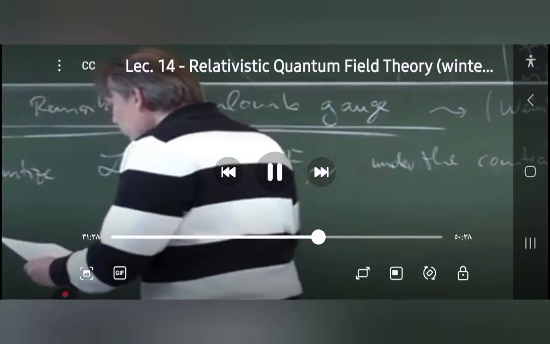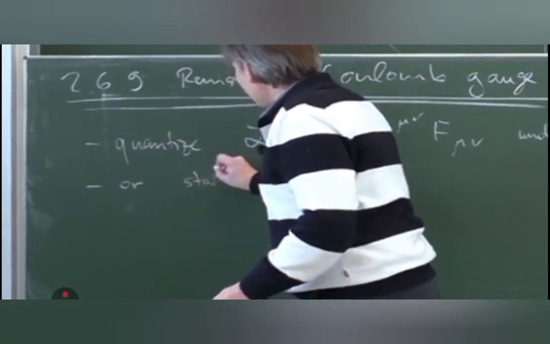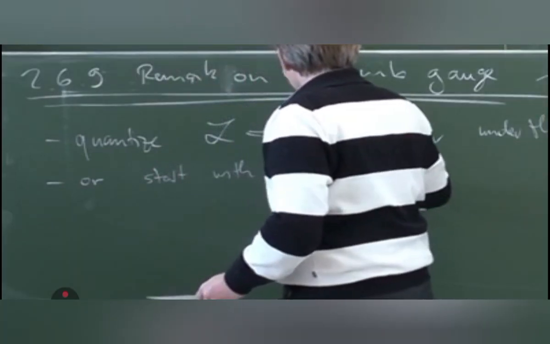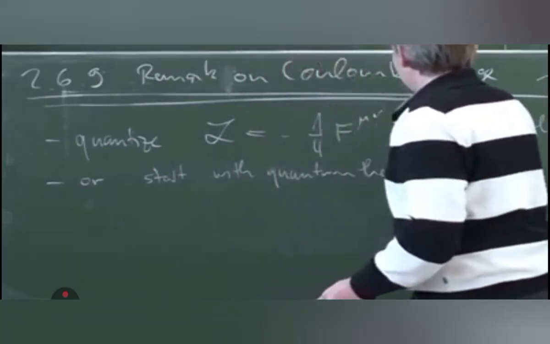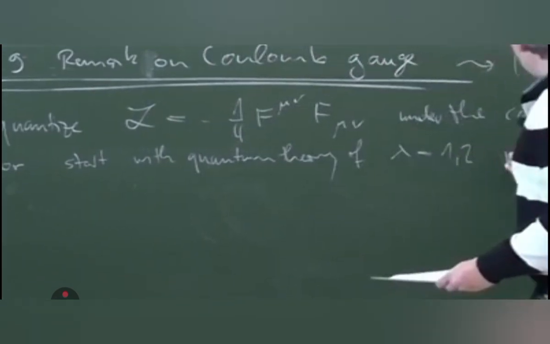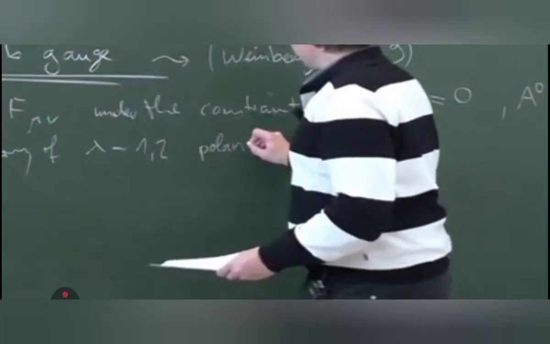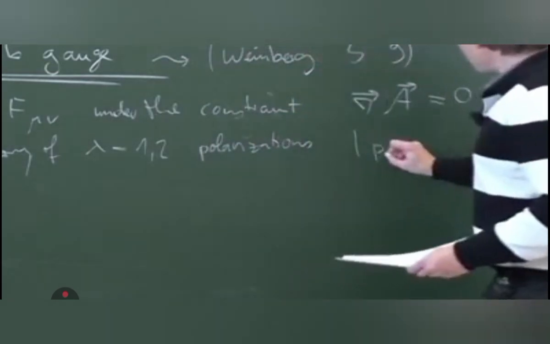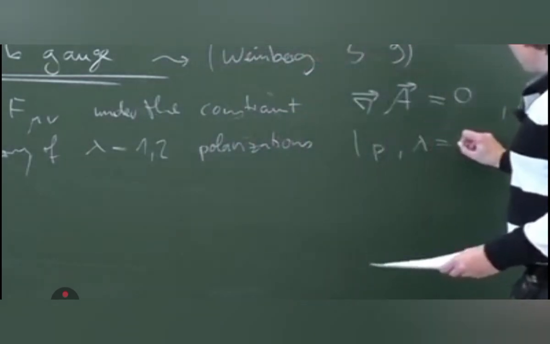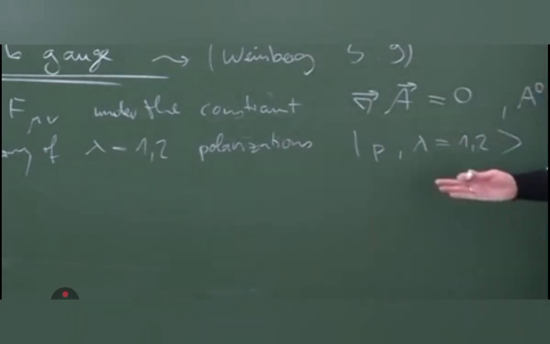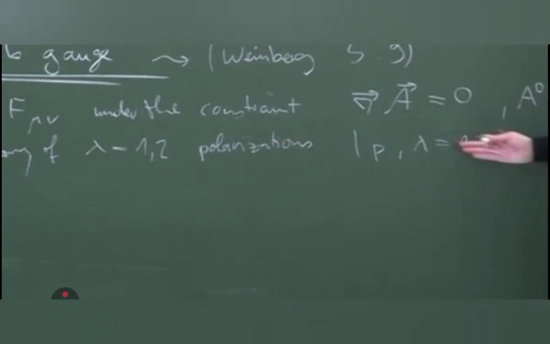Or alternatively, like Weinberg does it, start directly with the quantum theory of the lambda equal 1 and 2 polarizations. So we have in our Hilbert space immediately those states which we already discussed on Monday, which are the physical states.